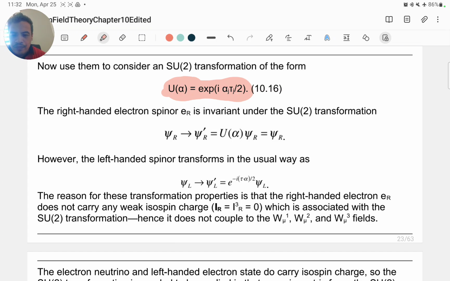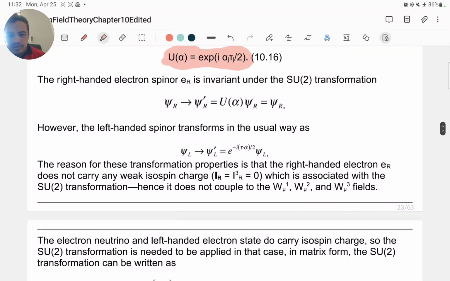Since, of course, the right-handed electron e R does not carry any weak isospin, it does not couple to the W mu 1 field, W mu 2 field, and W mu 3 fields.